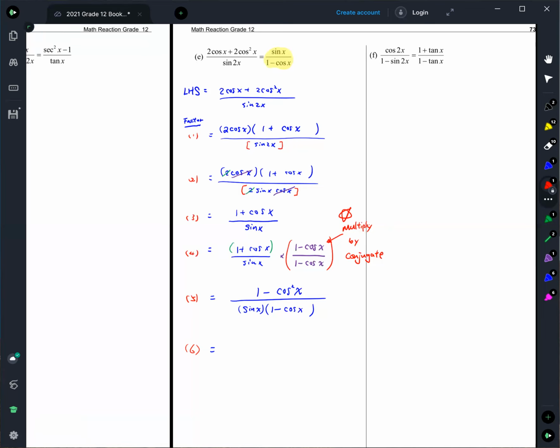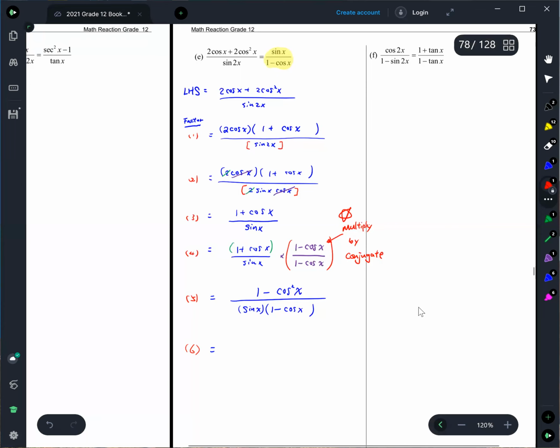You still have extra sine x in the denominator. So somehow it should go away. But we need to show the steps. How do we get there? Anybody has a suggestion what to do here?